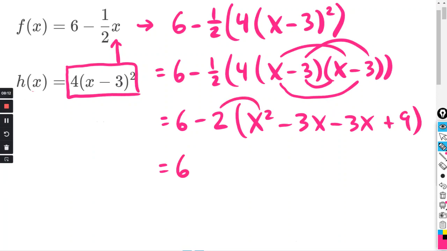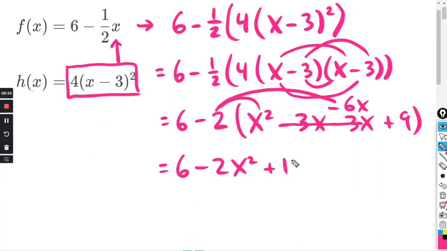Okay, negative 2 times x squared is negative 2x squared. Negative 3x and negative 3x is going to give us negative 6x. So distributing negative 2 times negative 6x, negative 2 times negative 6 is positive 12, and we still have the x. Finally, negative 2 times positive 9 is negative 18.